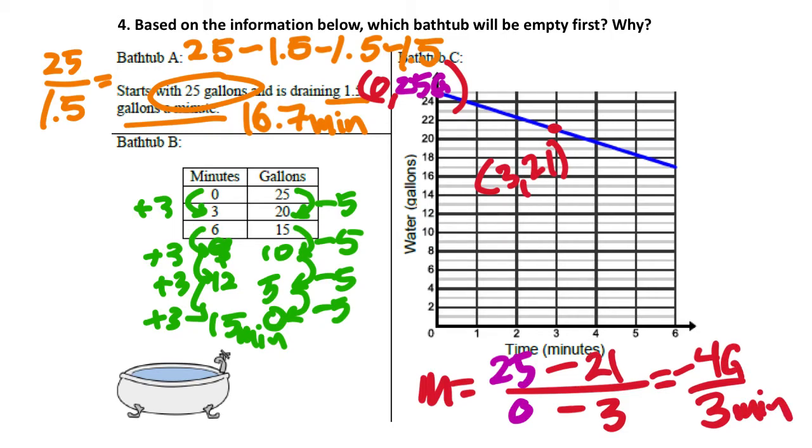So we can take how much they start with, 25, and just divide it by -4/3 if we wanted to. I don't know what that is, but the calculator does. It's 18.75.